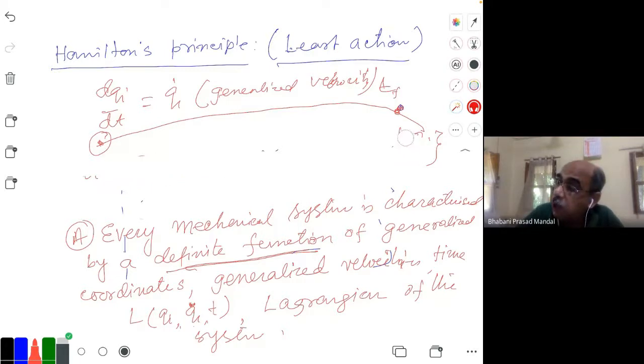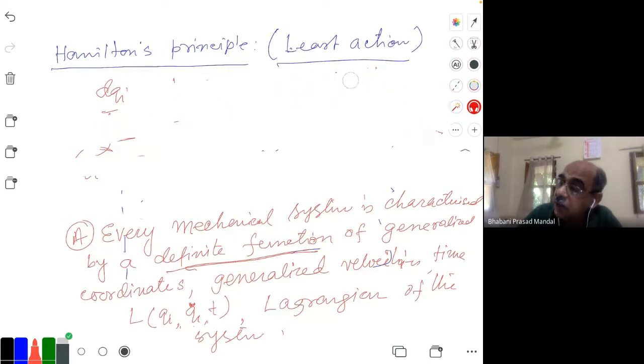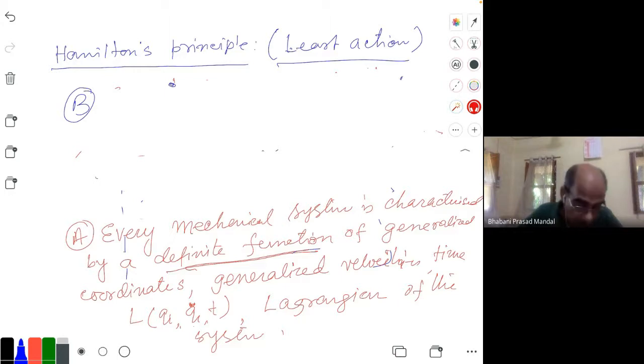Let me write the part B up on the same page, keeping in mind that the system will go from initial point to final point.